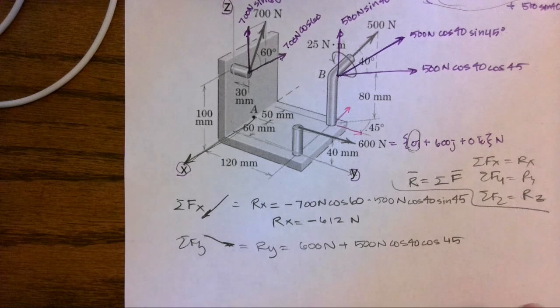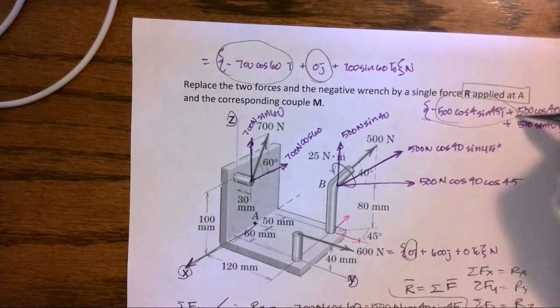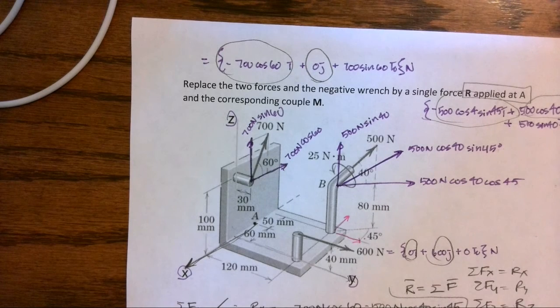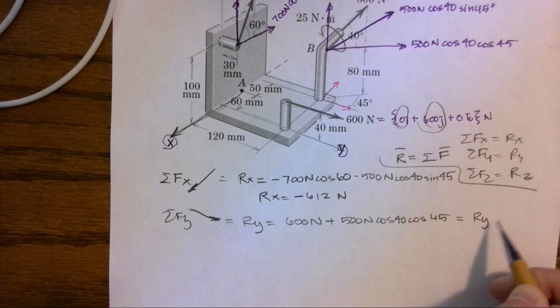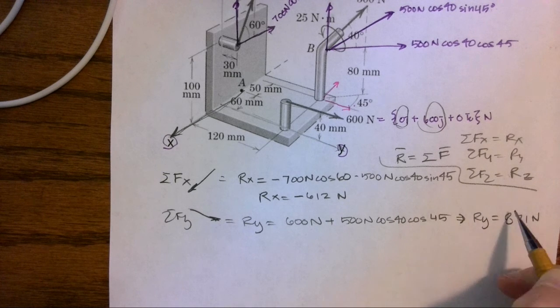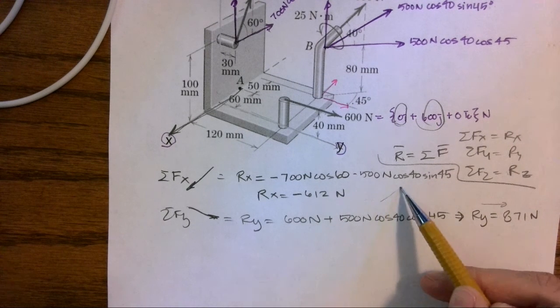Again, I could just come back to my Cartesian vectors because these are the components, and sum them up. So this is going to be a resultant of 871 newtons in the y direction. So this one's acting positively.